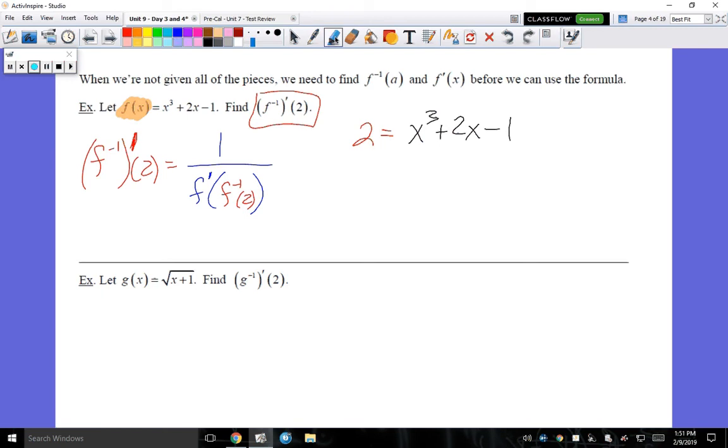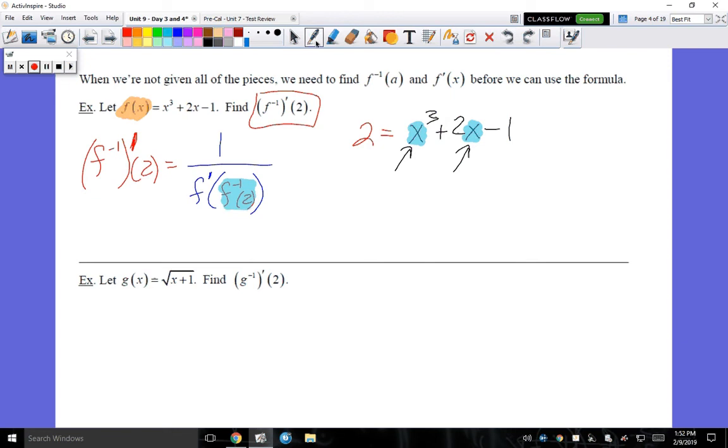When I solve for x, it's the same as what all this in red is representing. The input of the original function is the same as the output of the inverse. So let's solve backwards and solve for x.